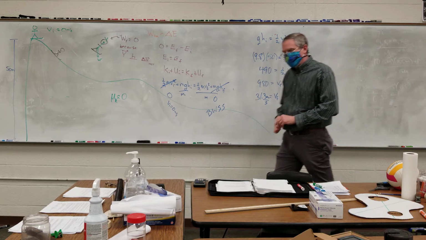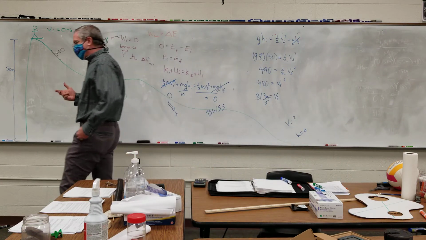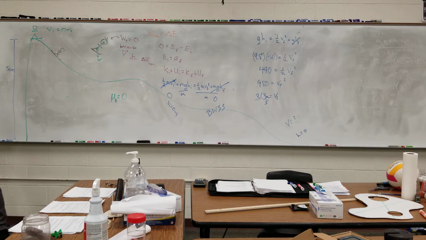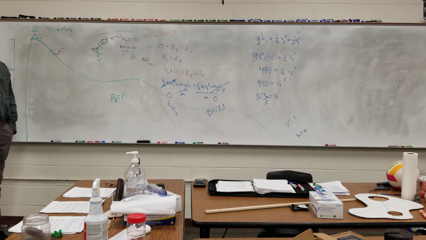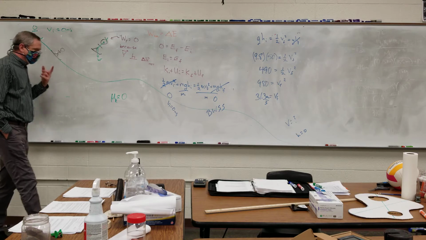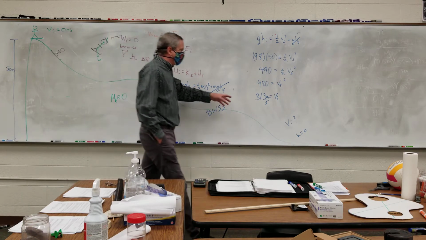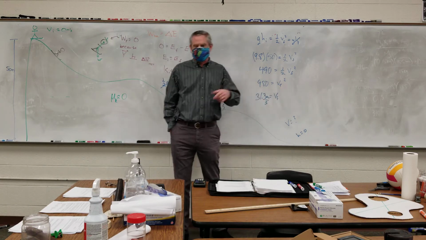All right, so that's how fast he's going. Questions up to here before I change the problem slightly? All right, so he goes all the way down to the bottom. He's going about 65 miles an hour when he gets to the bottom of the slope.